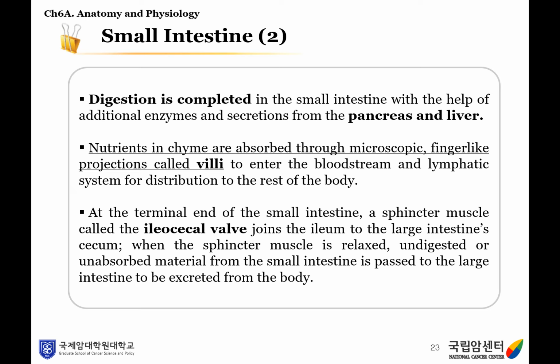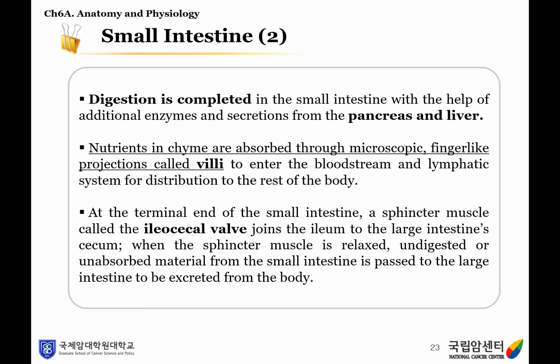And the digestion is completed in the small intestine with the help of additional enzymes and secretions from the pancreas and liver. And nutrients in chyme are absorbed through microscopic finger-like projections called villi to enter the bloodstream and lymphatic system for distribution to the rest of the body.